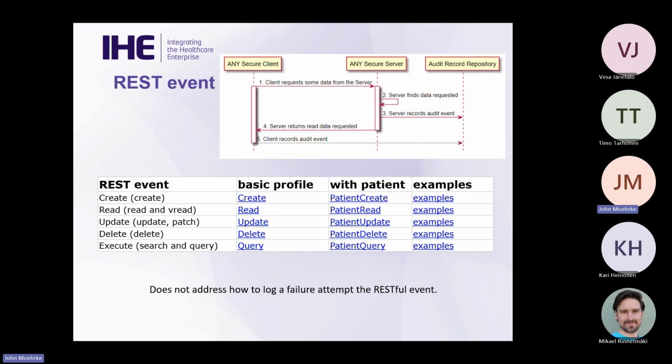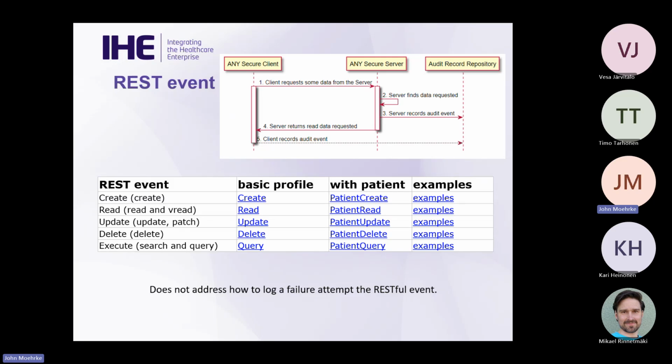So if the interaction is not patient specific, then you use that second column. If the interaction is an allergy intolerance or a condition or a vital sign, then clearly there's a patient involved. So the third column adds the requirements when the data are patient related. And then the last column has examples, and there are examples of both in here.